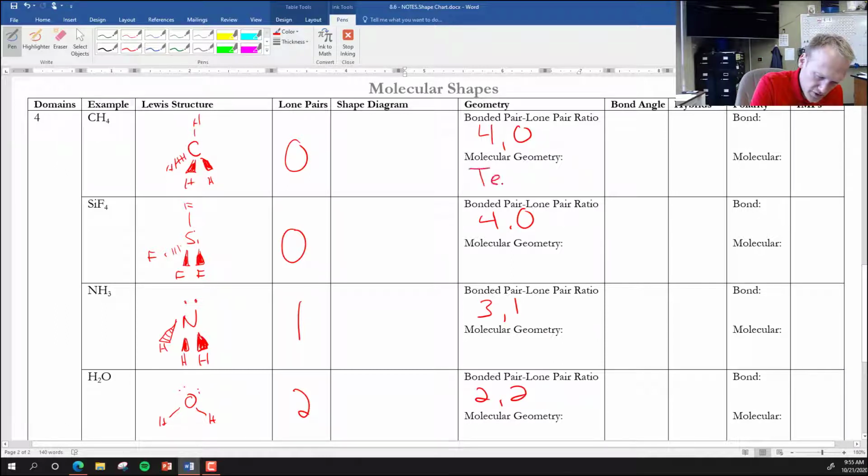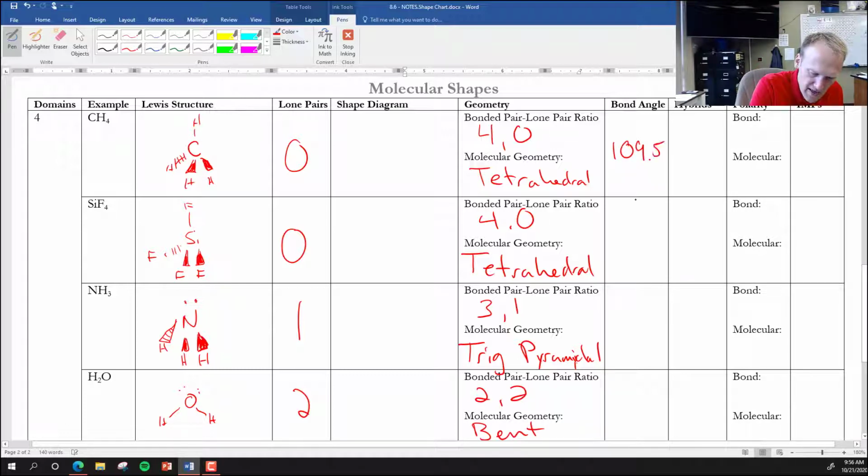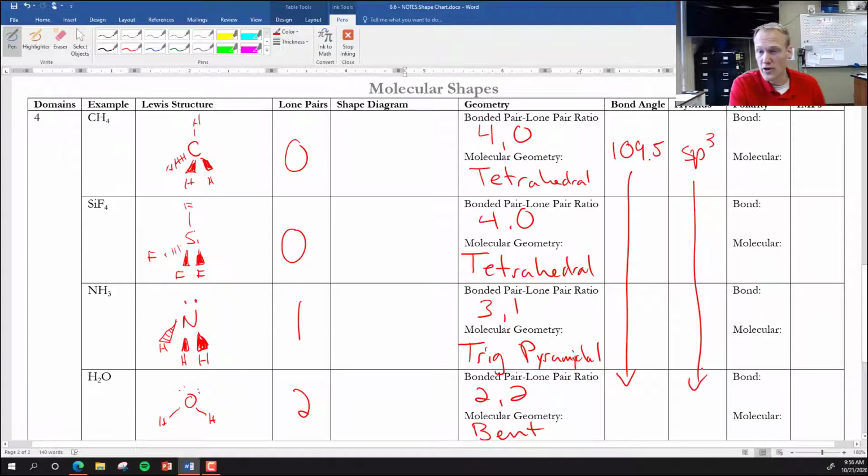So the first 2 would be tetrahedral because they're 4:0. This would be trigonal pyramidal because of the 1 lone pair, and water would be bent. The bond angle for all of these, because they have 4 domains, is 109.5. And the hybridization would be sp3 because there are 4 domains.